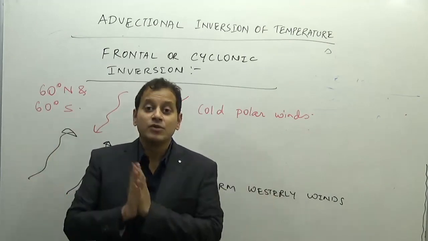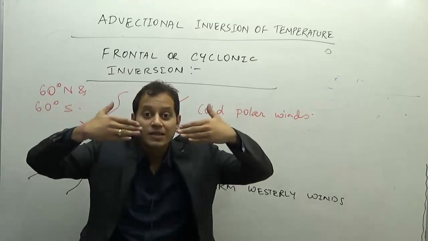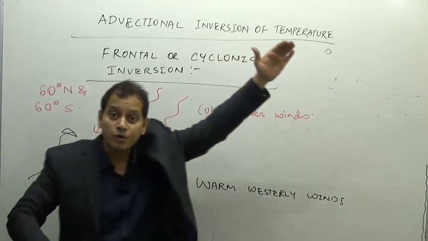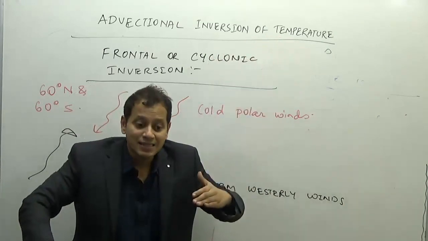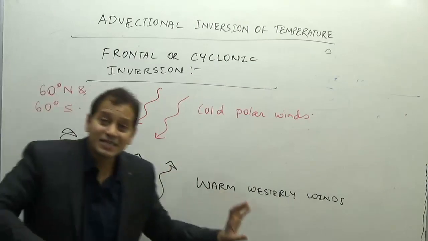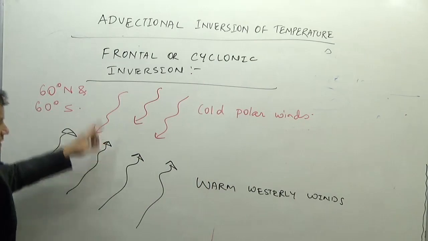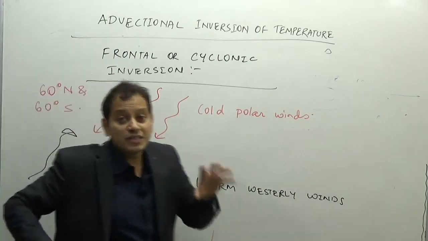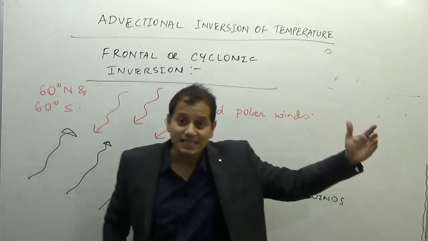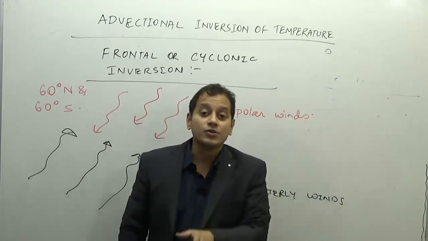In the temperate region, though I am giving you the background, there is a coming together of two kinds of wind systems. One is the cold wind which blows from the poles towards the subpolar low pressure belt. The other is the warm wind which is known as the westerly wind, because it blows from west towards the east.